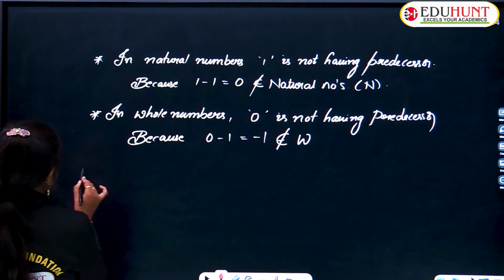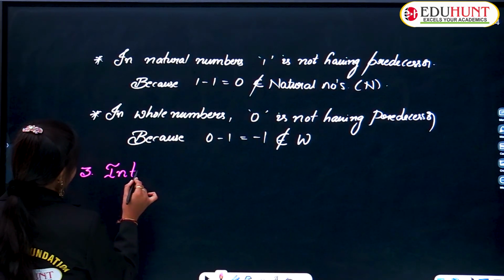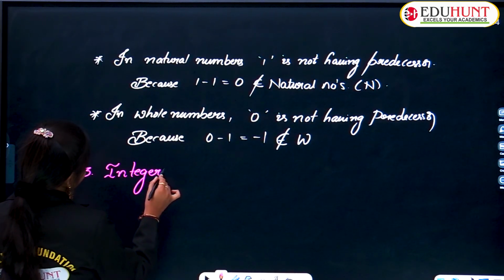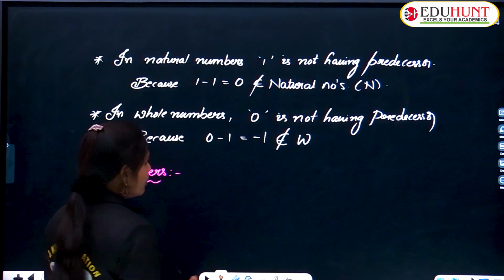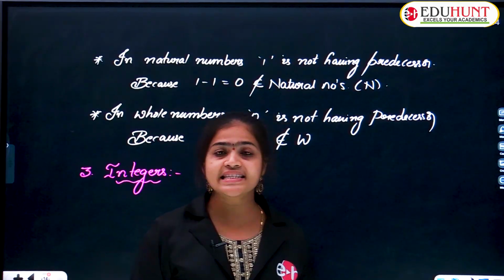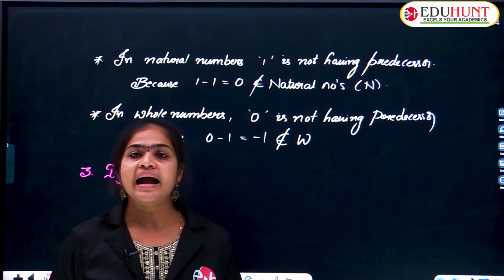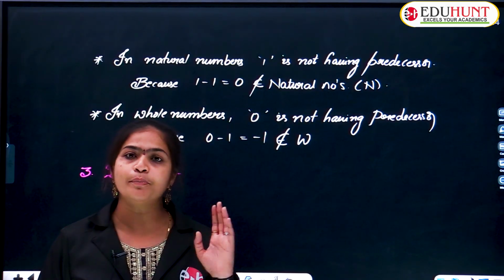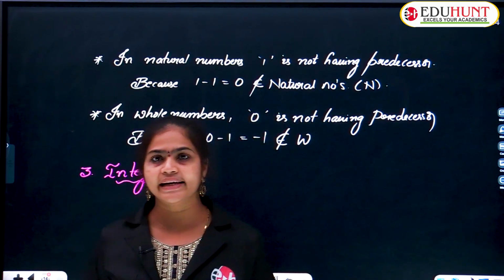Next one, integers. What is the definition of integers? The set of whole numbers and negative integers. In the same way, we can say that the set of positive integers and negative numbers including 0 are called integers.